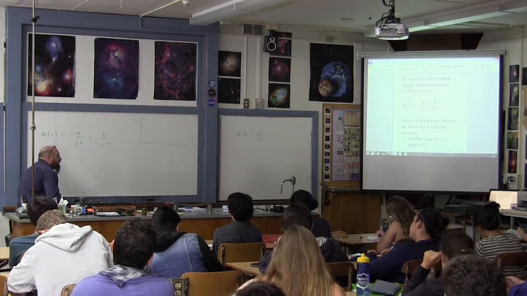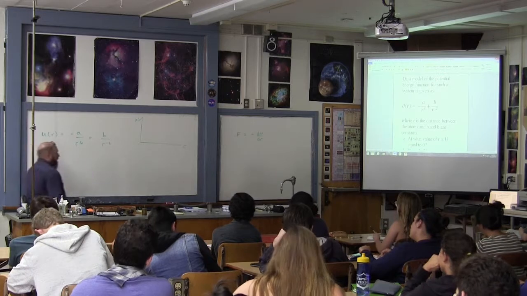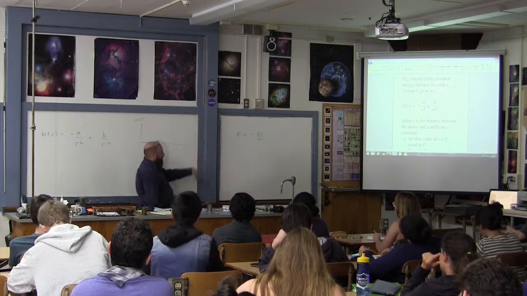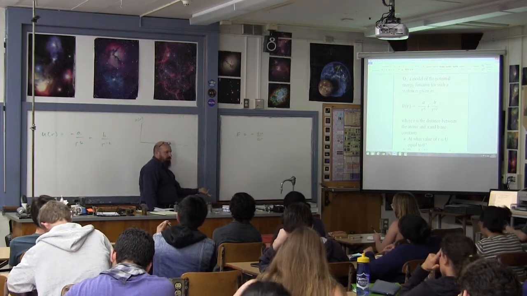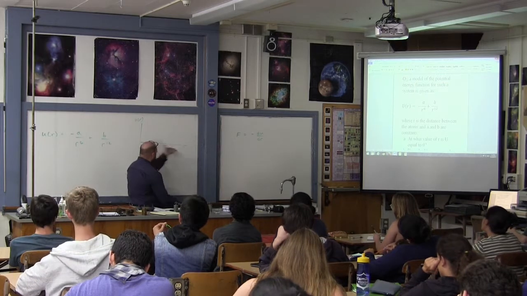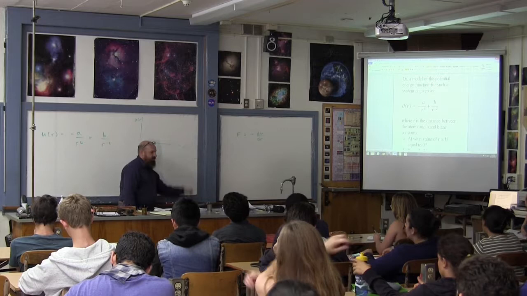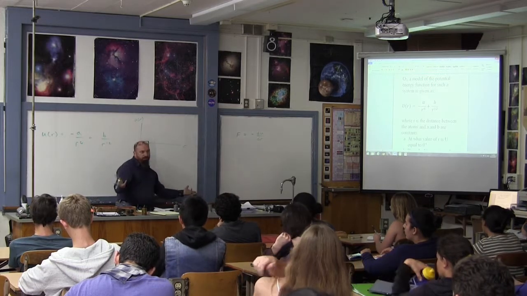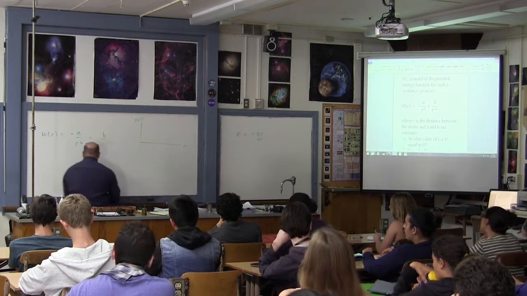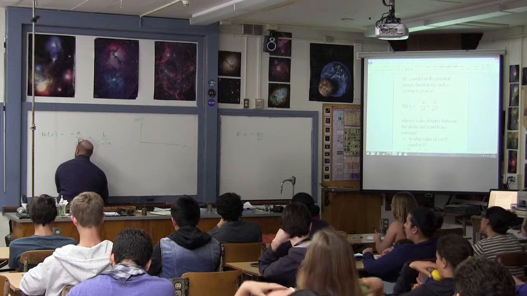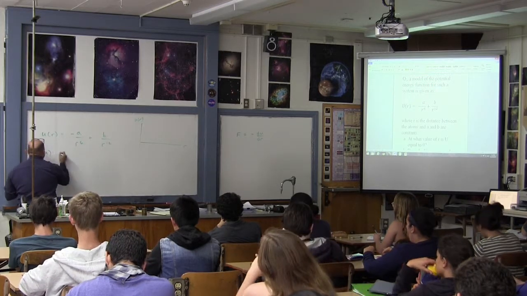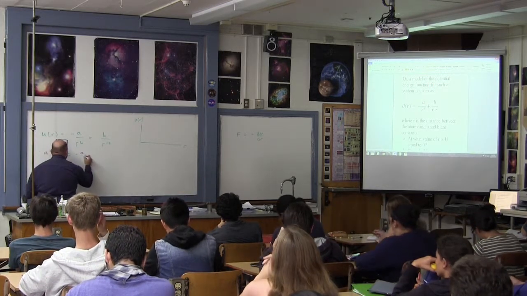Okay, the first part of the problem is to figure out at what value of r the potential energy is equal to 0. In other words, somewhere on this diagram, my potential energy function is going to cross this axis in some way. We want to figure out where that is. Well, easy enough. All that we have to do is set the potential energy here equal to 0, like so.